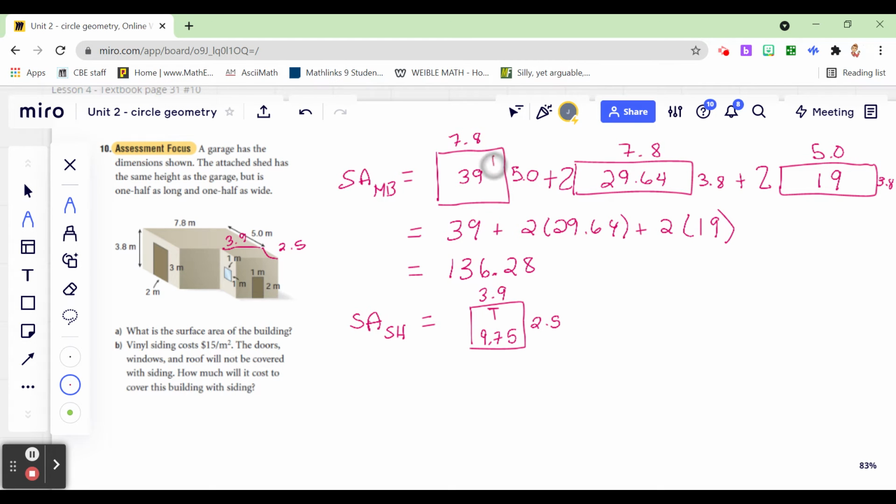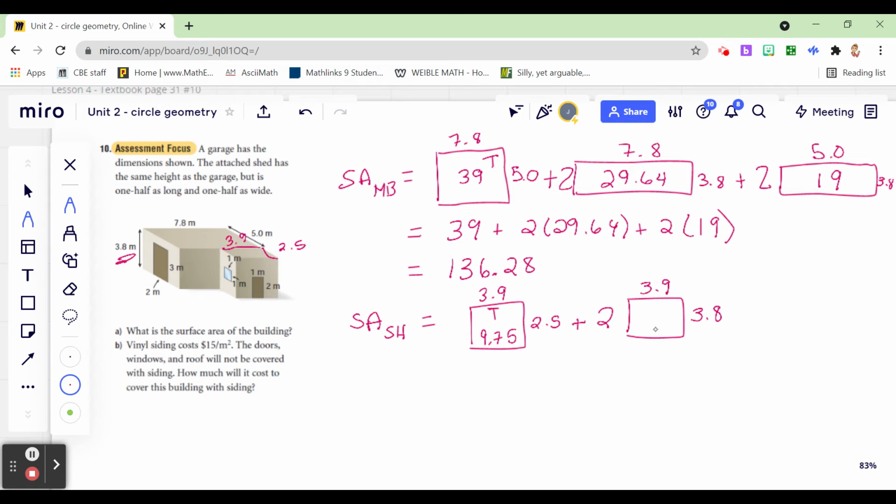Maybe I'll put a T on this for the top too, just so that it's clear. And then I'm going to add 2 of the fronts. So that's going to look like 3.9 and the height of the building is 3.8.